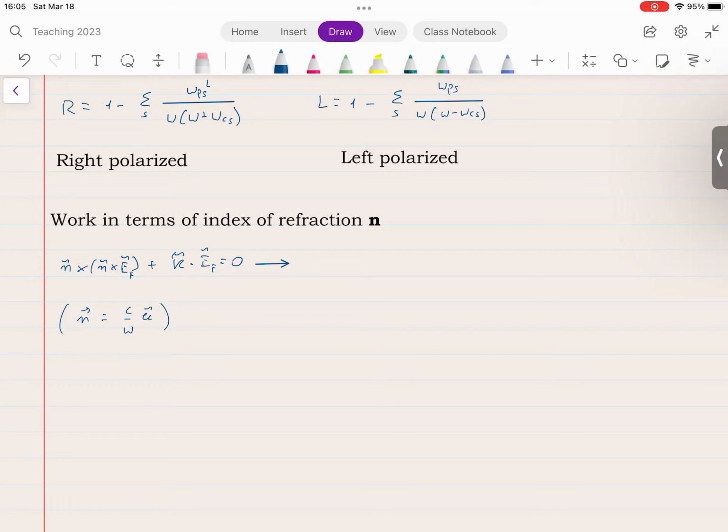We haven't said anything about x and y. And that means that we have the freedom to pick the directions of the x and y axes.